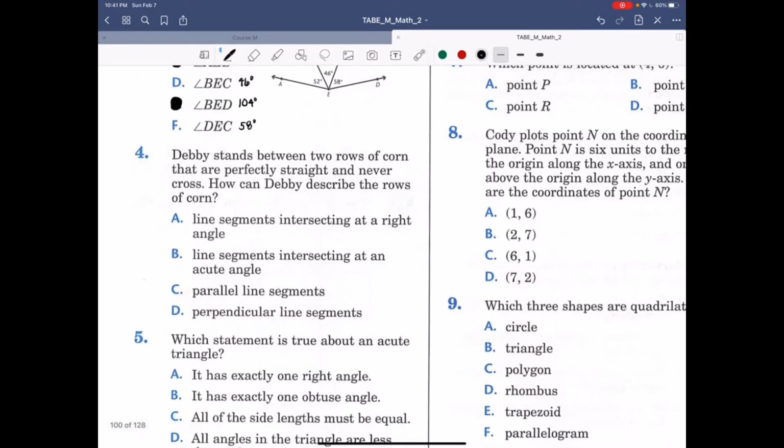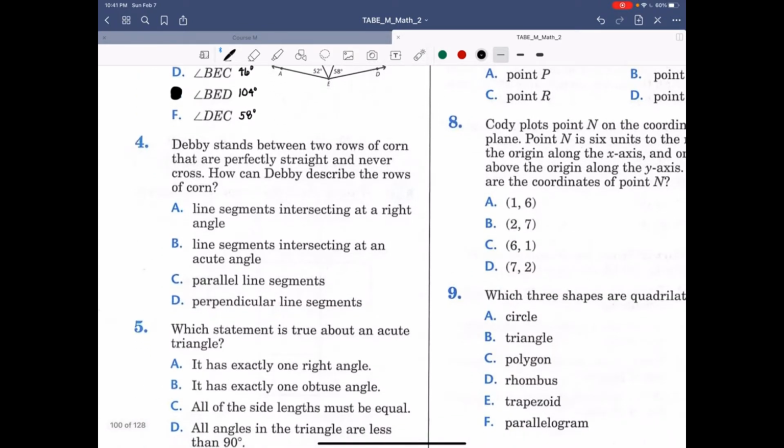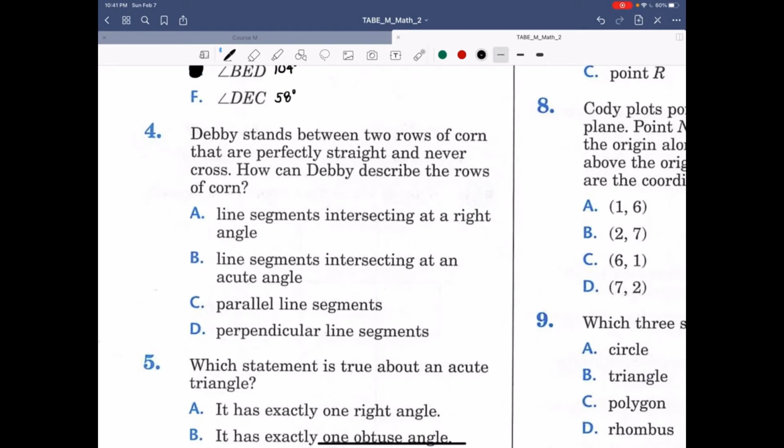Number 4. Debbie stands between 2 rows of corn that are perfectly straight and never cross. How can Debbie describe the rows of corn? Line segments intersecting?